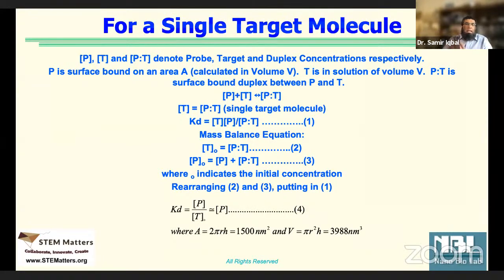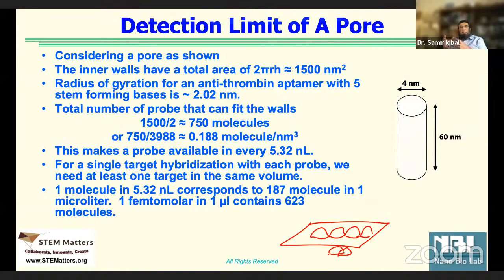Here we can plug in the cylinder properties and find out, in one cylinder, what the probability of binding is. These are a little more intensive calculations, but the idea is that we can take those numbers and find the area, and then from the concentration of the molecule in a solution, or the concentration of the probe on a surface, find out how many molecules would be there, and what kind of solution would give you the binding or detection that you are looking for, right?